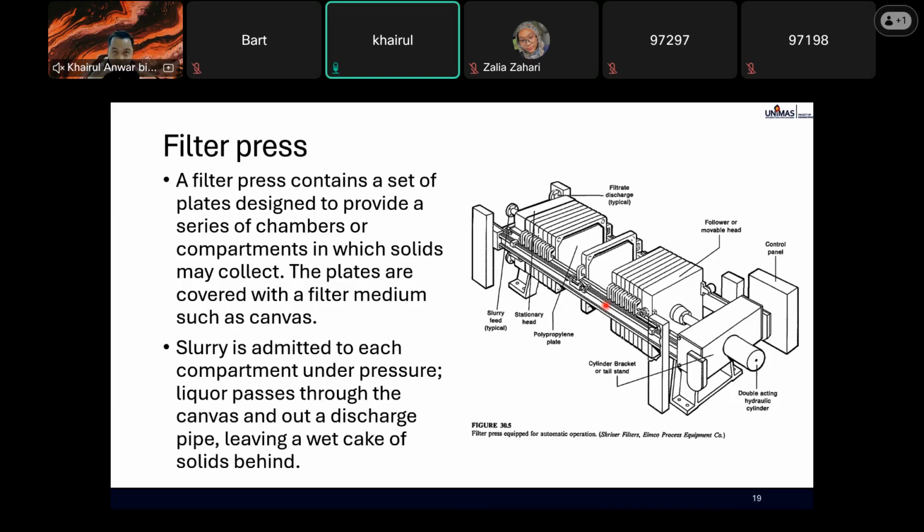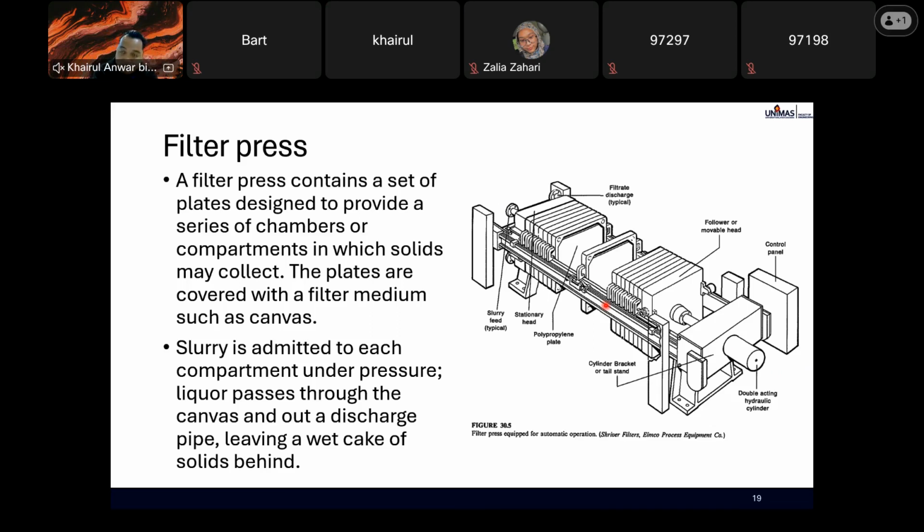This pressure difference allows the liquid to pass through the membrane. So it's similar to the theory that you just learned. In order for the liquid to pass through the filter, you need to create this pressure difference.